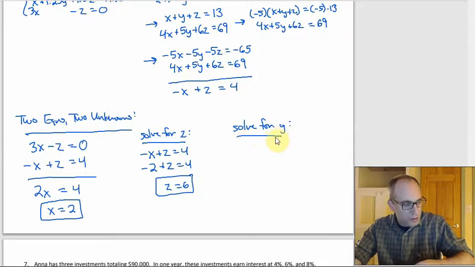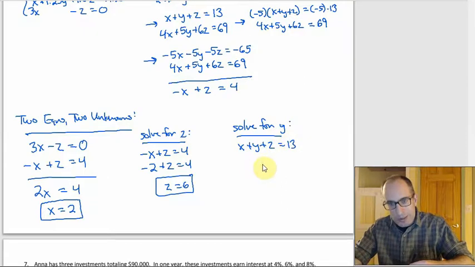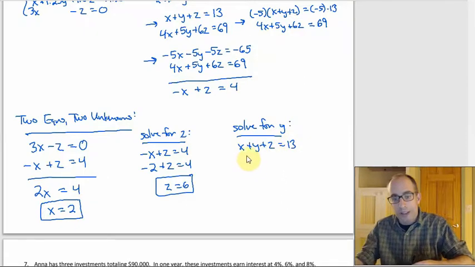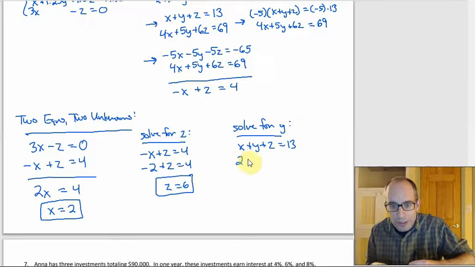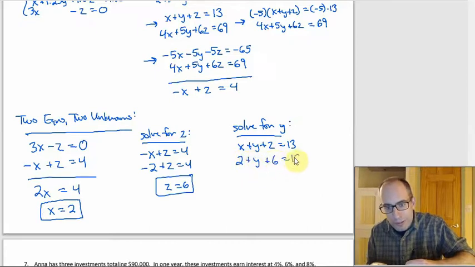So one of the original equations was that x plus y plus z equals 13. And we've got to use an equation with a y in it if we're going to solve for that, but this looked like the easiest option. So 2 plus y plus 6 equals 13. 2 and 6 is 8, so if y plus 8 is 13, then y must be 5.